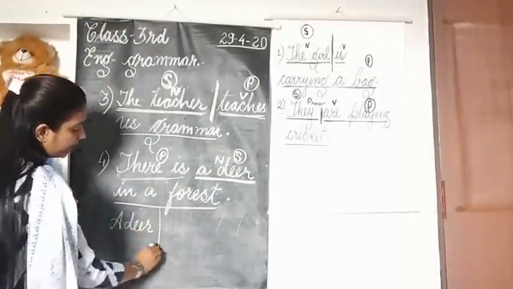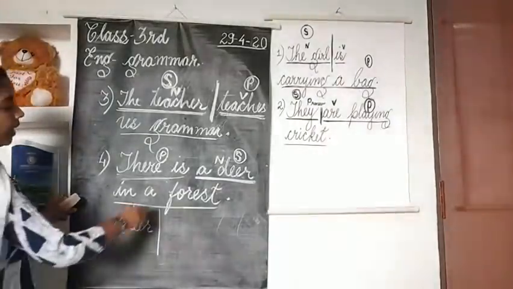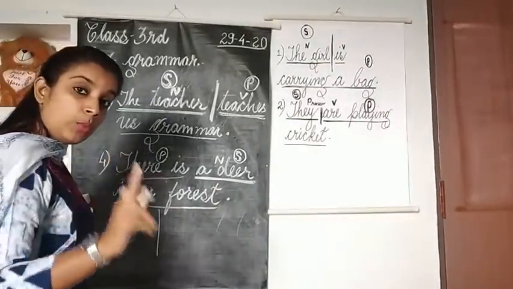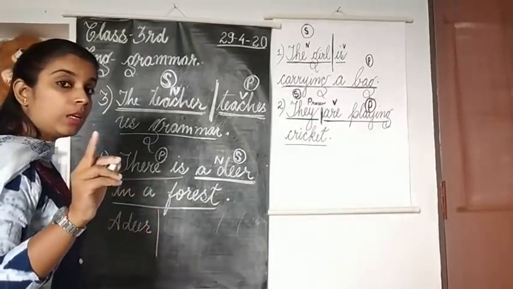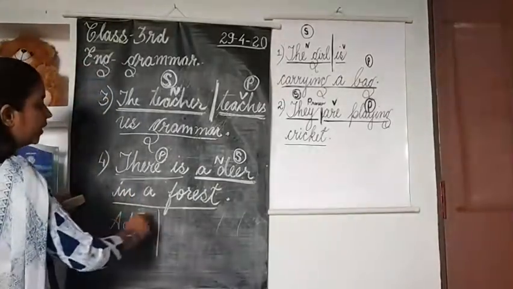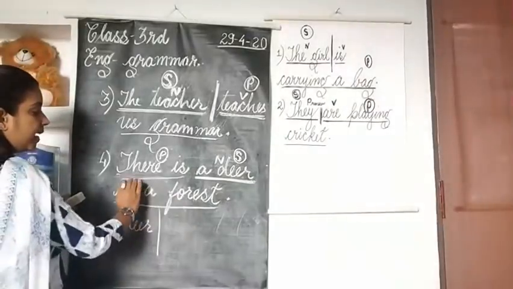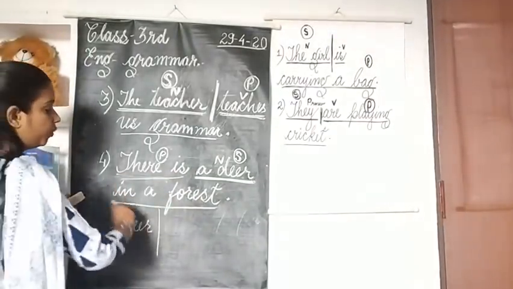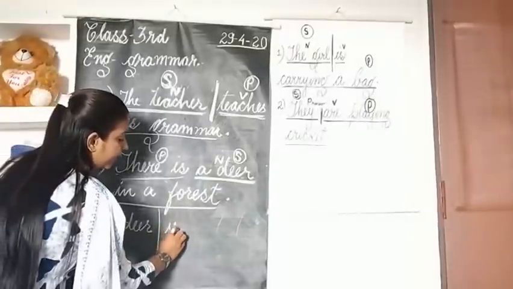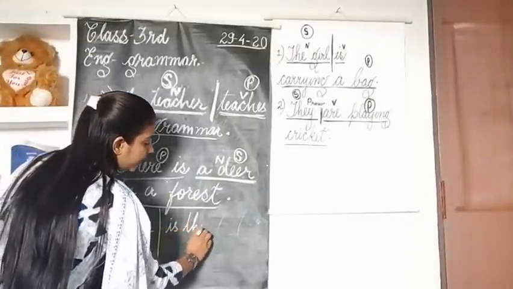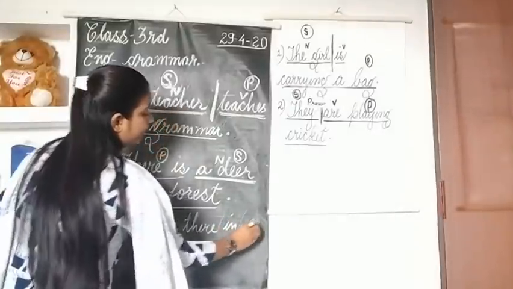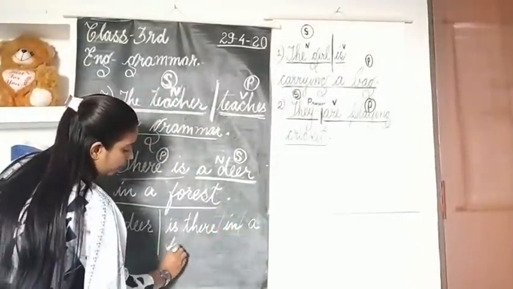As I have told you, the predicate must always begin with a verb. So here you will not write 'there is in a forest' as the predicate part. What you will write is 'is there in a forest'.